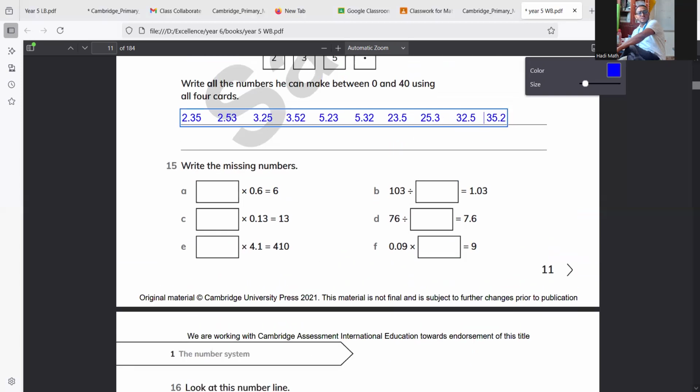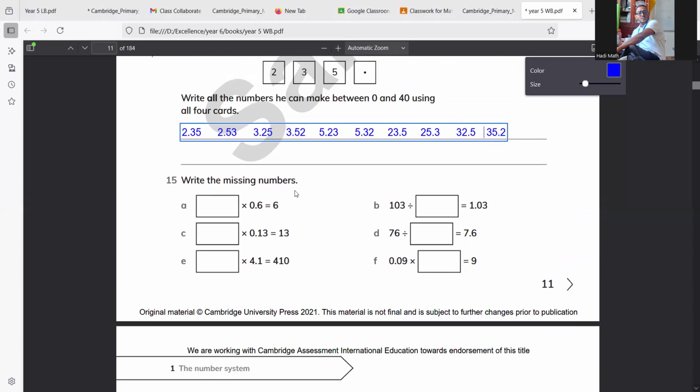Let's go to here. They say write the missing numbers. I've told you before. They say a number multiplied by 0.6 is equal to 6. What happened? The decimal point moved out. What is this number? Actually, this number is 10.